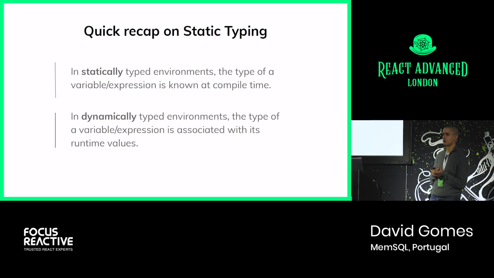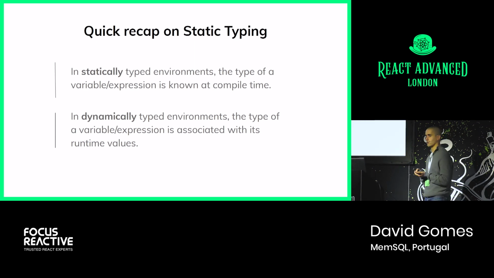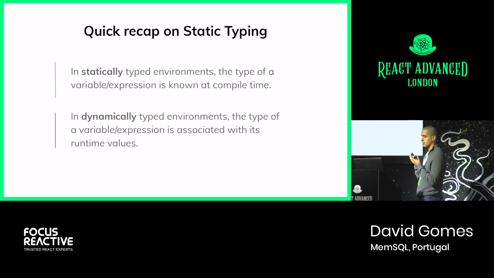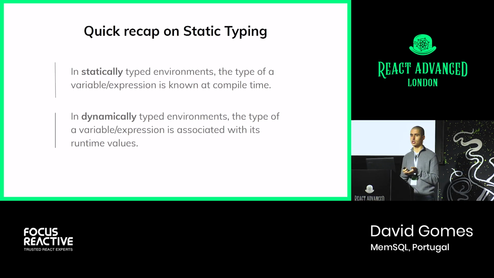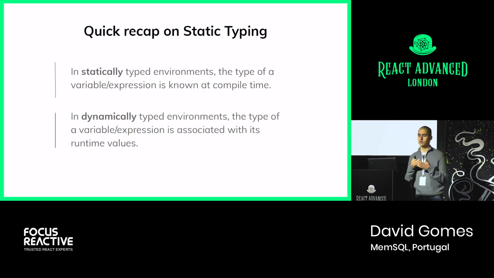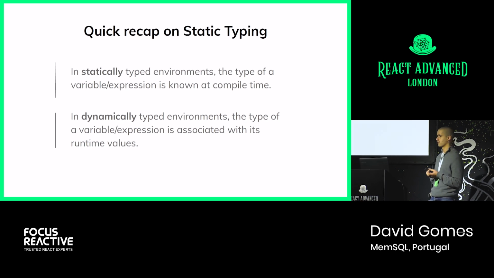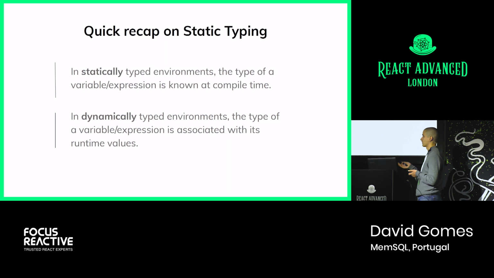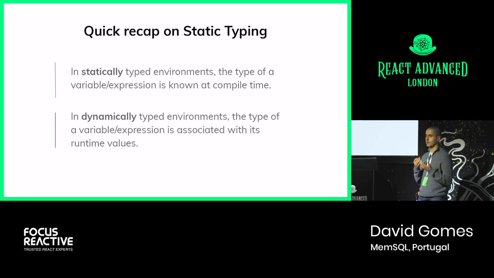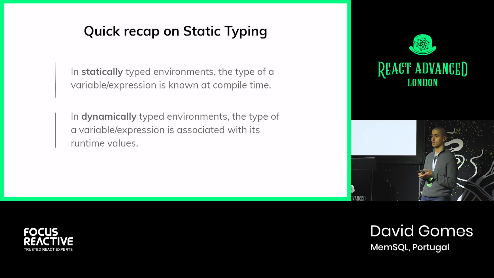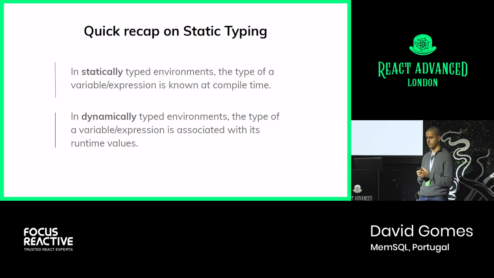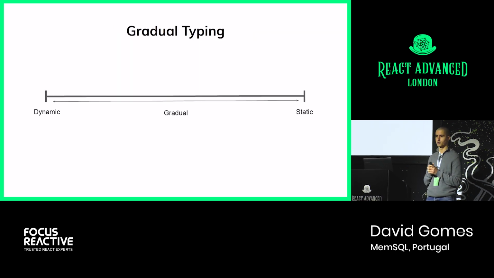If the concept of a type is checked at runtime, so if the type of a variable or an expression is associated with its runtime values, then you're probably working with a dynamically typed environment. Good examples of this are JavaScript and Python, where the type of a variable or an expression can actually change during runtime. And then you have gradual typing.